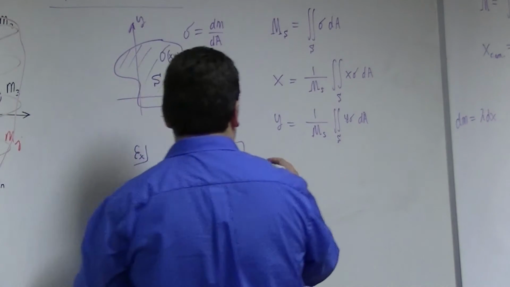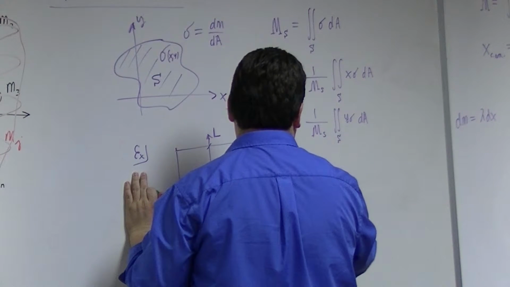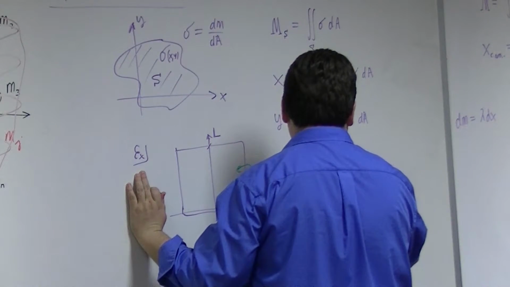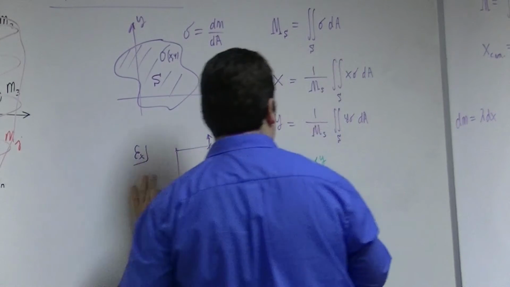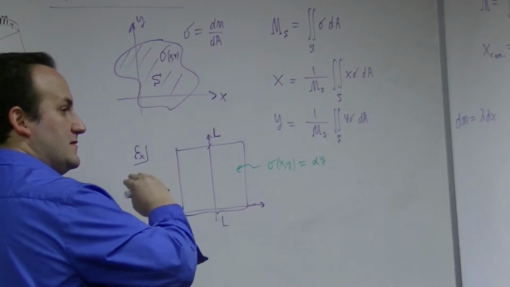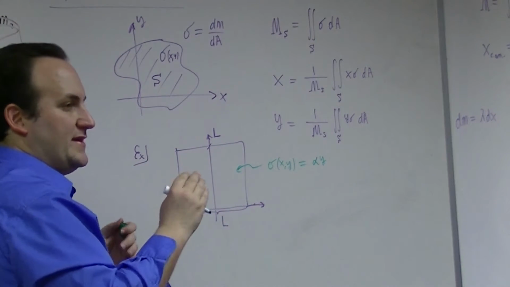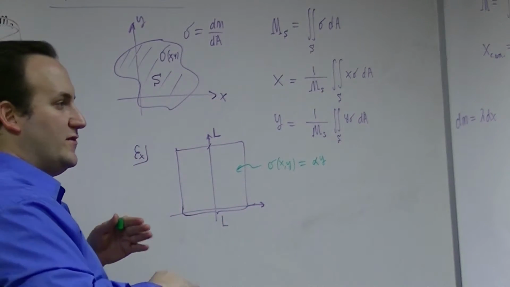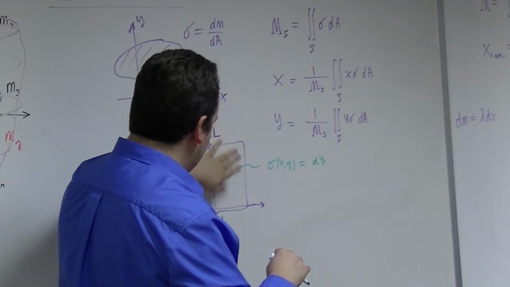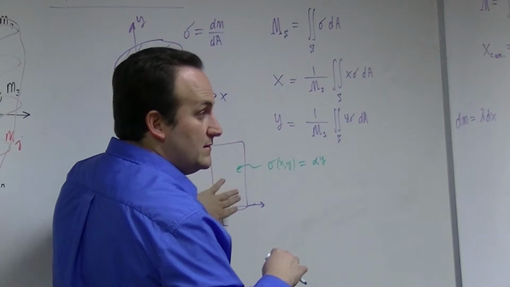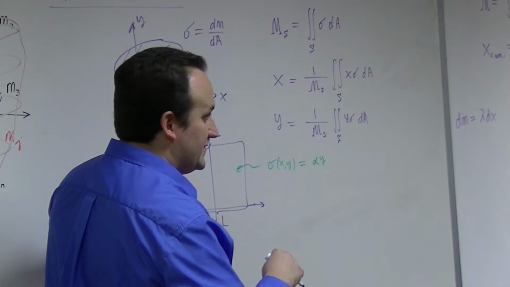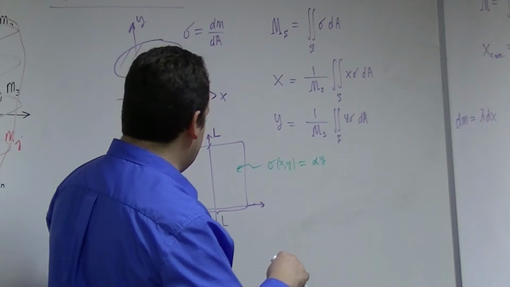Here's how I do it. I would tell you sigma of x comma y is equal to some constant, let's use alpha, times y. So it's constant in x, but it depends on y. What this means is this laminate in the xy plane, this two-dimensional solid, is skinniest at the bottom, and it's heaviest up here, so to speak. There's more mass up here, and less down here.